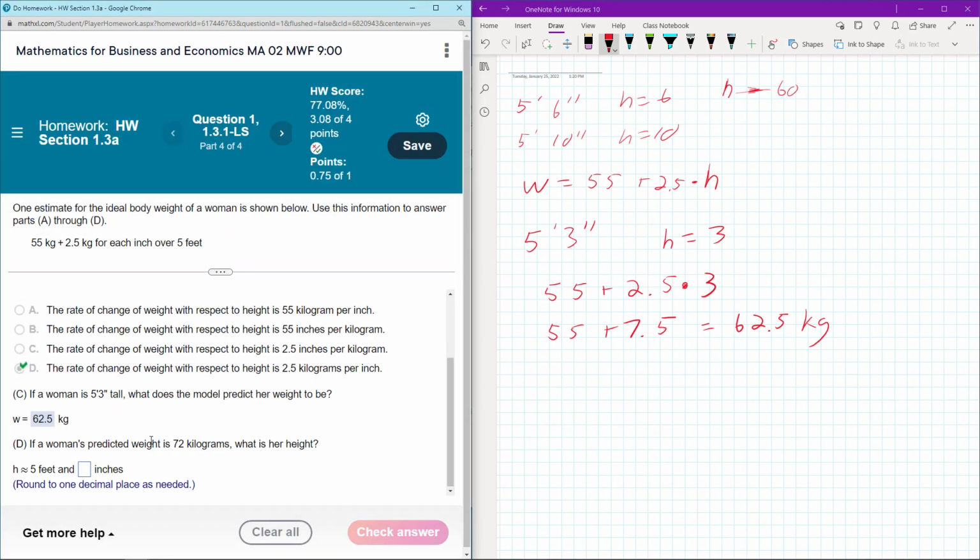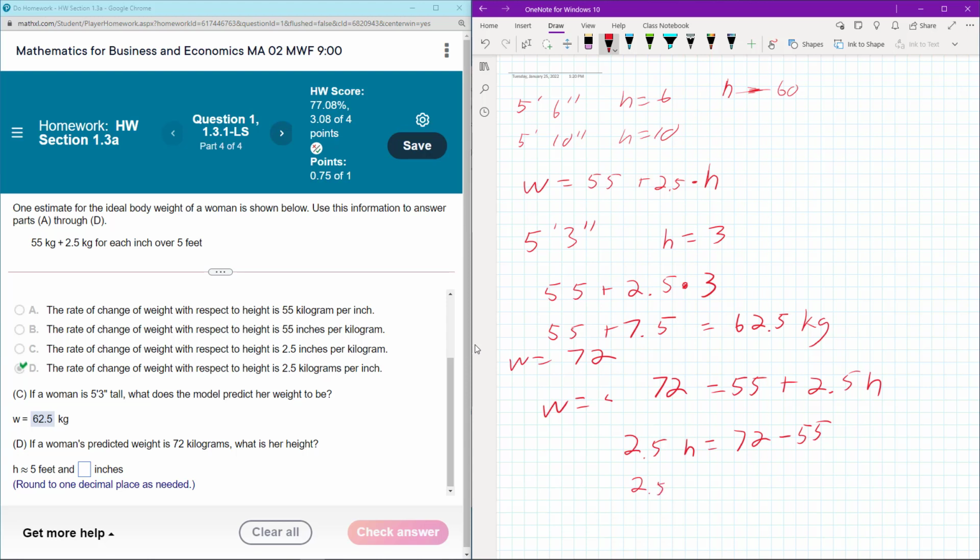And then finally, if a woman's predicted weight is 72 kilograms, what is her height? So we have W equal to 72. That means 72 is going to be equal to 55 plus 2.5 times H, and that means 2.5 times H is going to be 72 minus 55, so 2.5H is equal to 17.